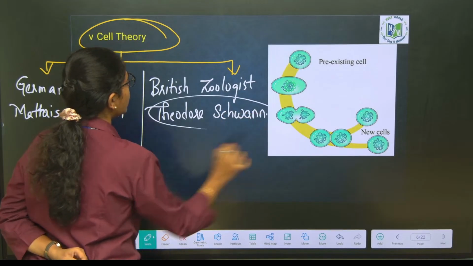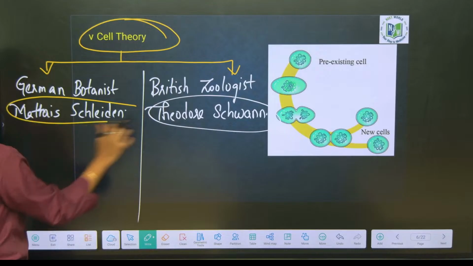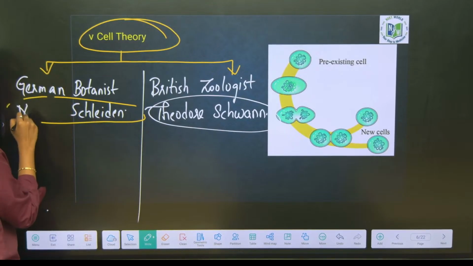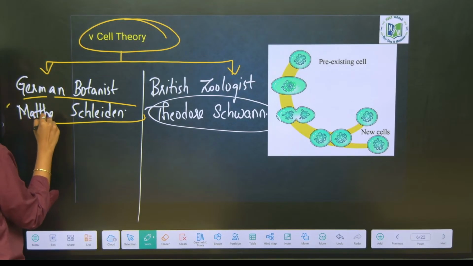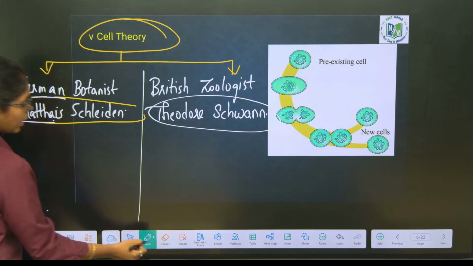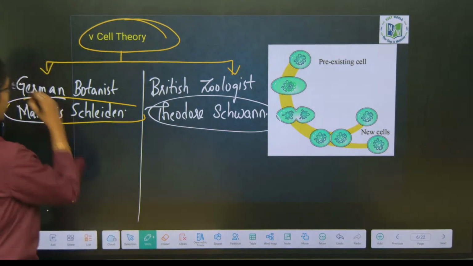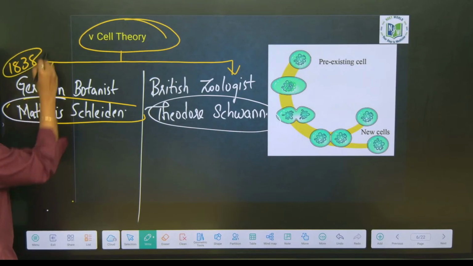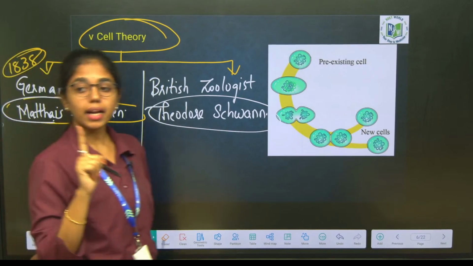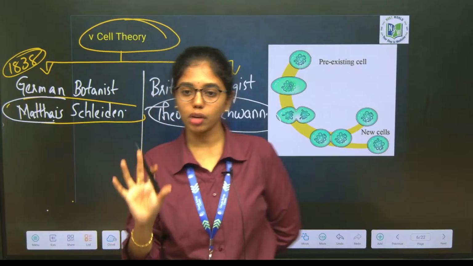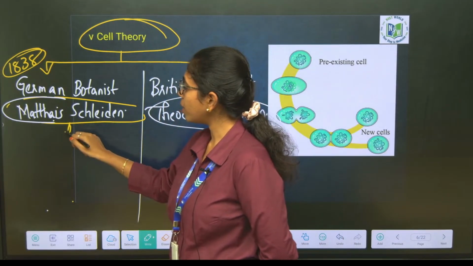Okay. Matthias Schleiden, in the year 1838, said only one point: that all plant bodies are composed of cells and products of cells. He has given information only about plant cells.